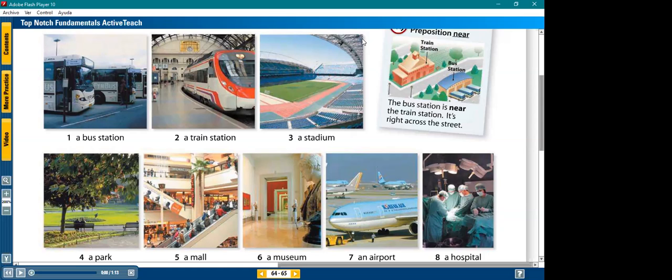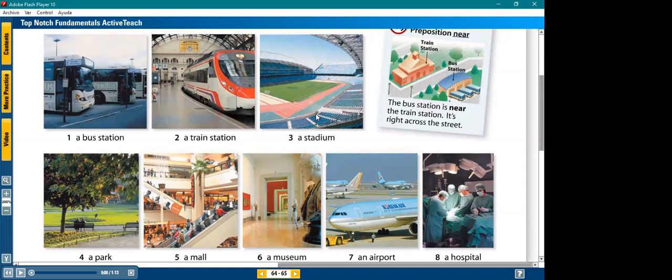A bus station, a train station, a stadium, a park, a mall, a museum, an airport, a hospital. Yes, a hospital. Number 3, a stadium.